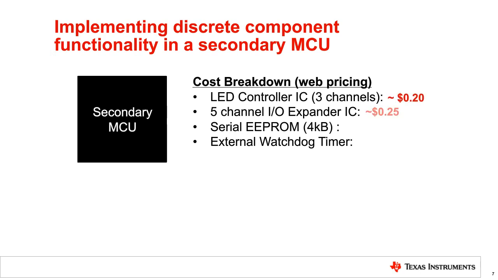So for each of these chips, you're looking at about a total system cost of 96 cents. And that is looking at a separate LED controller IC, IO expander IC, a serial EEPROM chip, as well as a watchdog timer. This is the total cost for this system, just based off of what we're looking to implement in the system.